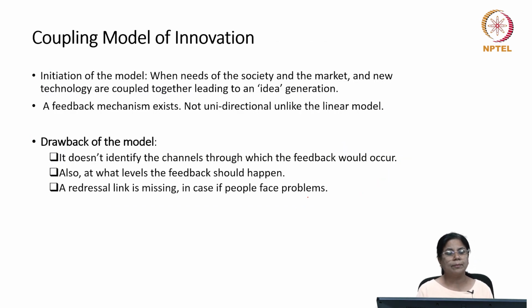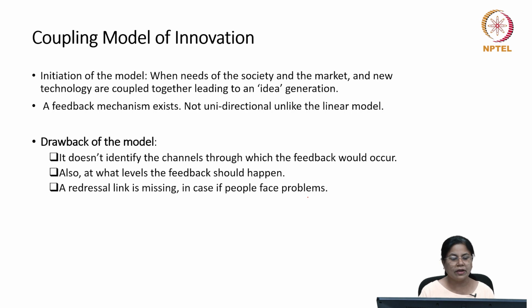When you look at this coupling model, essentially, the needs of the society and the market and new technology are brought together for idea generation. In fact, this is a step ahead of your linear model. Why? Because you do not have a unidirectional movement. The feedback mechanism exists. However, that doesn't mean that the model does not have its own drawbacks.